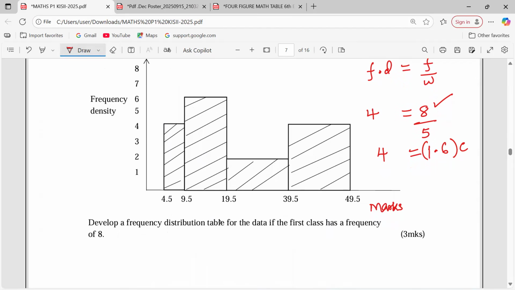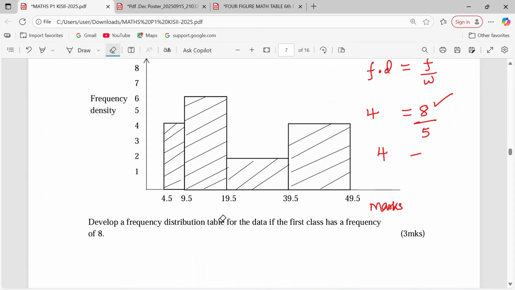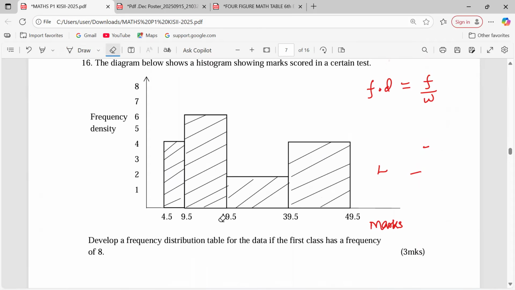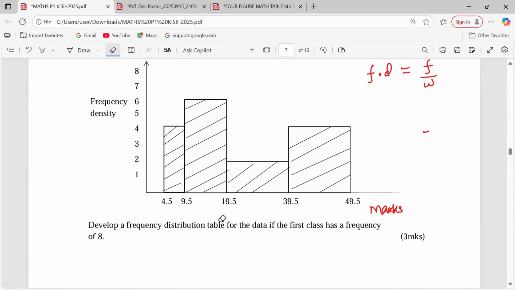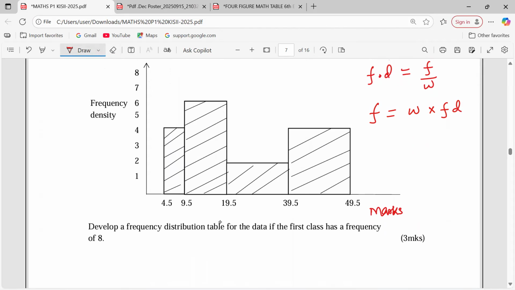Let me just simplify it. For us to get frequency, we need class width multiplied by the frequency density.